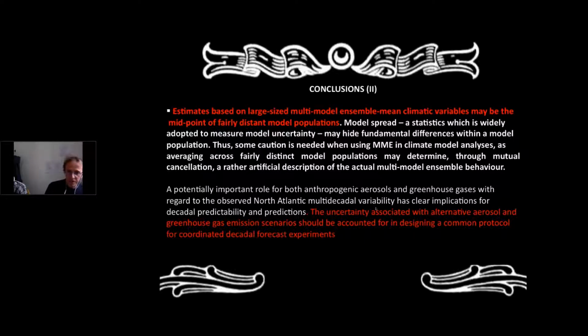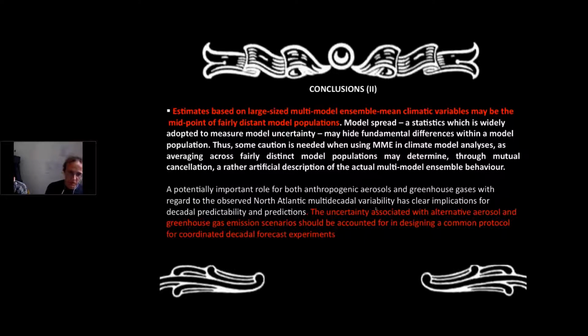And also the uncertainty associated with alternative aerosol and greenhouse gas emission scenarios should be accounted for when we design a common protocol, for example, for coordinated decadal forecast experiments. We need to take into account that the uncertainty is not just related to how we initialize a given forecast or which model we use, but also to how the anthropogenic drivers may change in the near future.